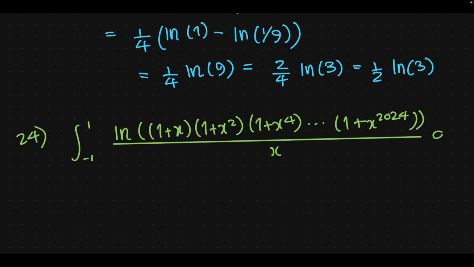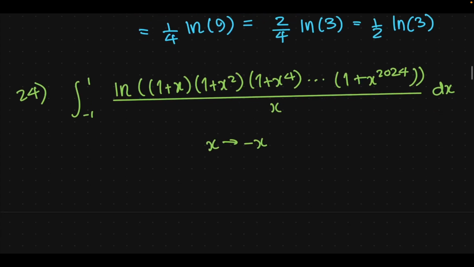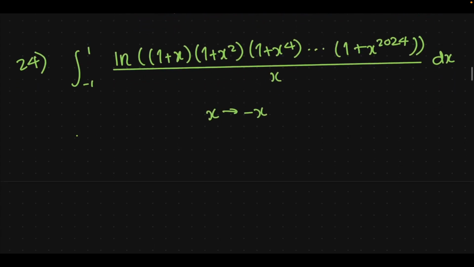x dx. Now, if you notice the pattern, everywhere we have an even power except the first term. And that is exactly what we're going to exploit being on this symmetric interval. So x goes to minus x. That gives us integral minus 1 to 1. We have a negative sign from the imbalance between the dx and the x.